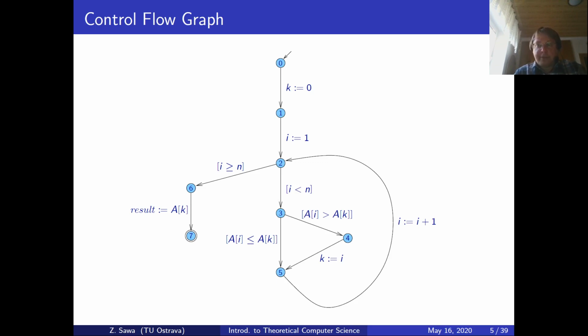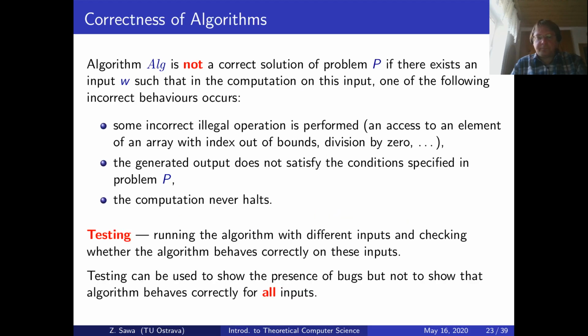That would require a proof, but if we have more complicated algorithms, it typically requires some kind of proof that increases how sure we are that the produced output will be correct, that the algorithm will behave correctly on all possible inputs.